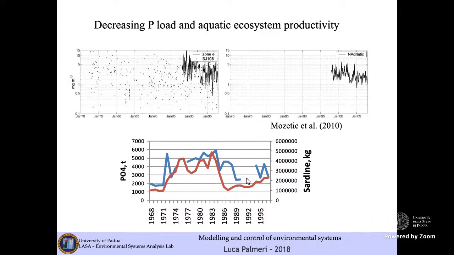This has the consequence that during the war period, between 89 and 92, we had a significant stop in the fishing activities, so that we have a real data lack in terms of sardine catches in the Adriatic Sea. We had also the same effect here in the 70s.